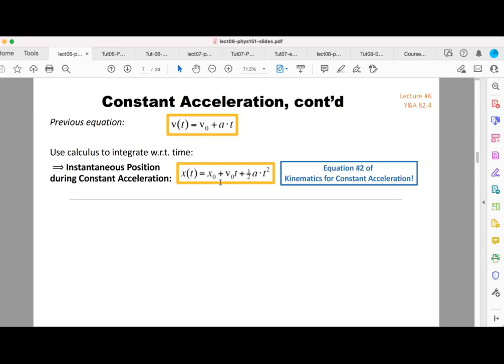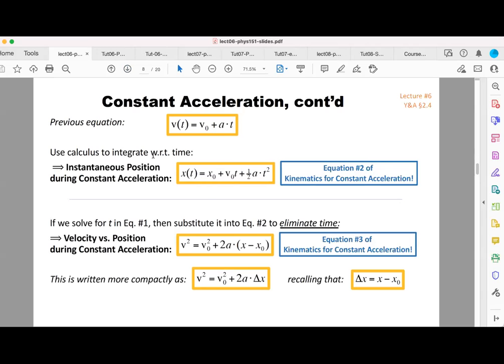And then x naught plus v naught multiplied by t plus 1/2 a t squared. And this is the second equation of kinematics with constant acceleration. Constant acceleration in the sense that the acceleration never changes, and is always indicated with a. We don't have an a naught and an a final, as for x and v. It's only a constant. Okay.